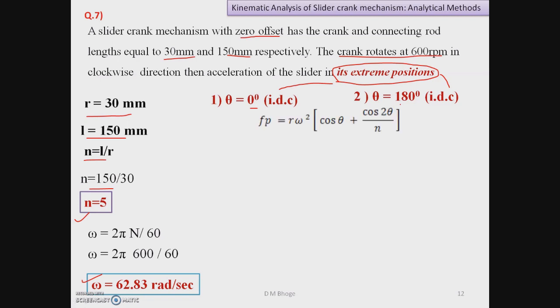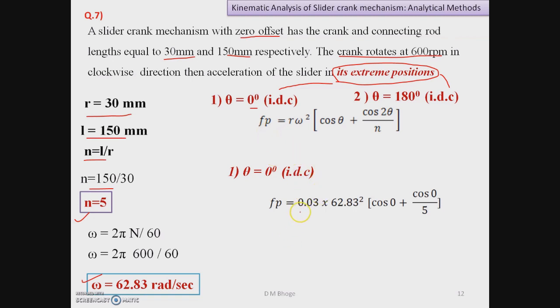So for these values of theta, we have to determine the acceleration of slider, which is given by this equation: Fp equals r omega square times cos of theta plus cos twice theta upon n. So for the first condition, when the piston is at top dead center, theta is 0 degrees with respect to IDC. We'll substitute the values.